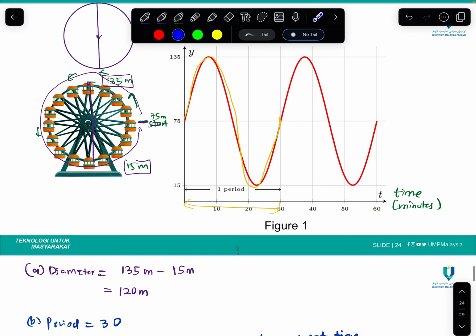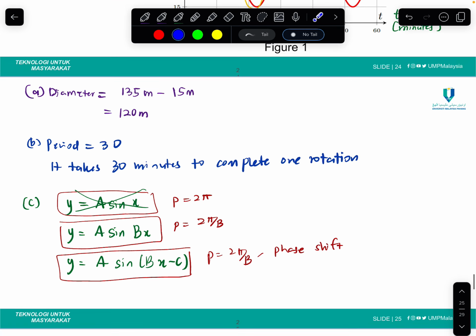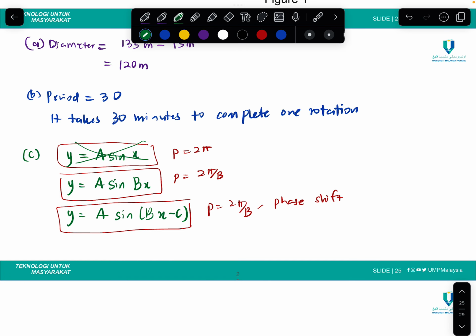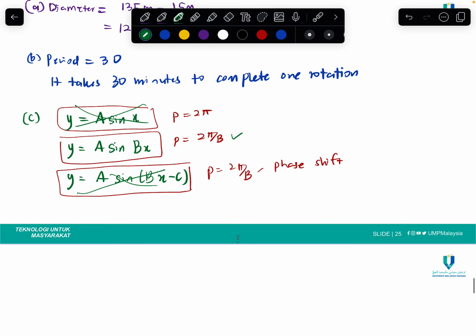Do we have some shifting here? No, it starts at 0. So the third type is also not suitable, which means we will use case B. So we consider a sine bx.